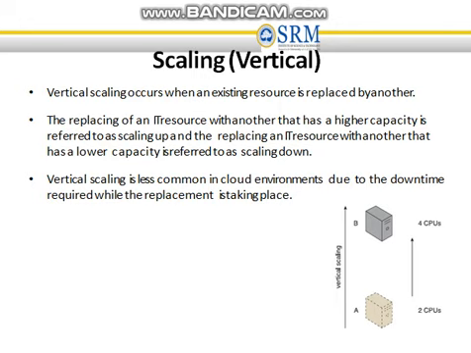That is, replacing an IT resource with another that has a higher capacity is referred to as scaling up, and replacing an IT resource with another that has a lower capacity is referred to as scaling down. So here we scale up and scale down based on the capacity of usage. Vertical scaling is less common in the cloud environment due to the downtime required while the replacement is taking place.